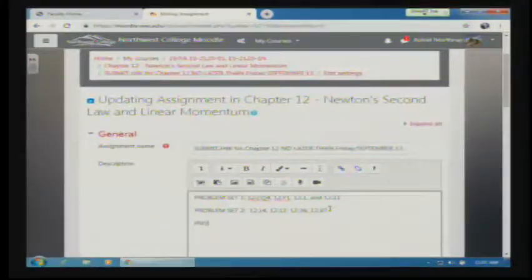So problem set 3, which is from section 12.2, we are going to do problem 12.76, which is a really interesting problem, and you really need to use polar coordinates for that, or radial transverse coordinates.